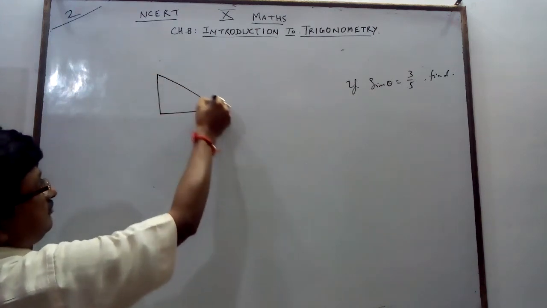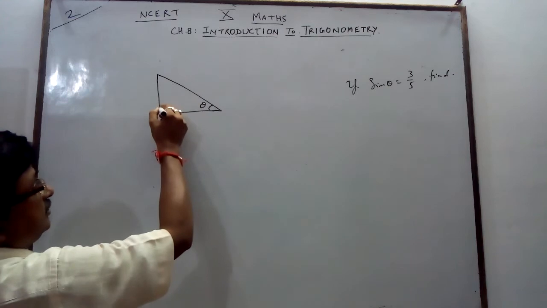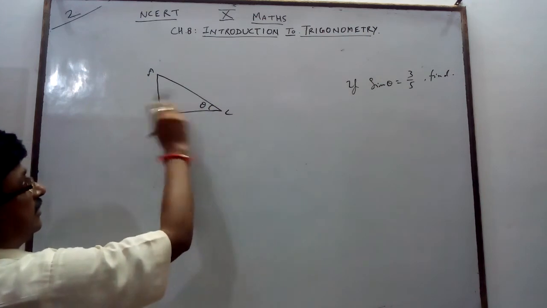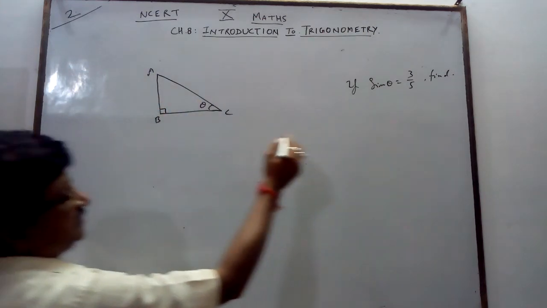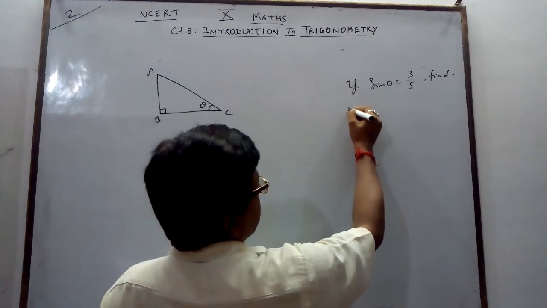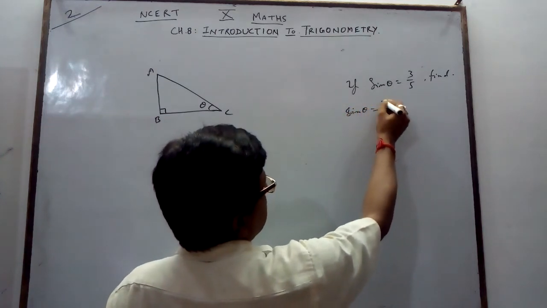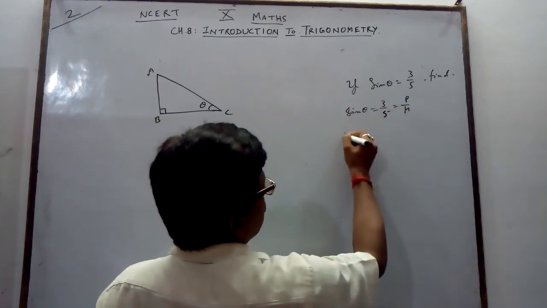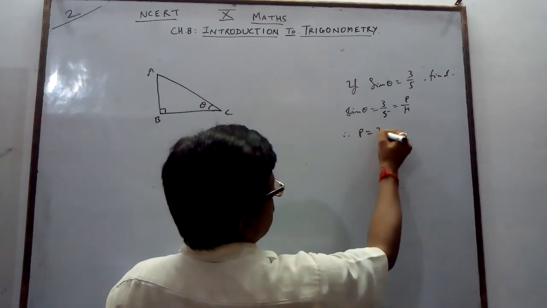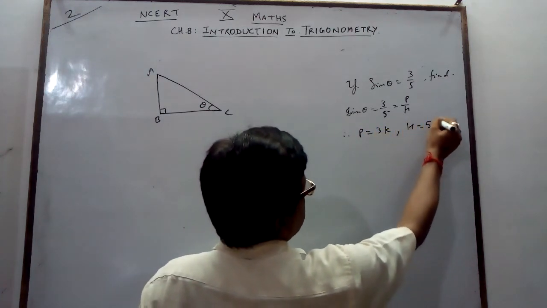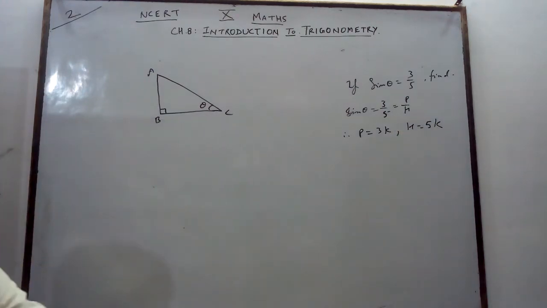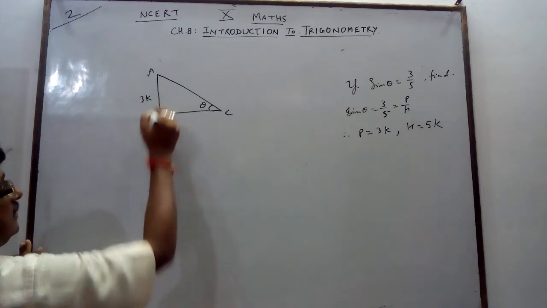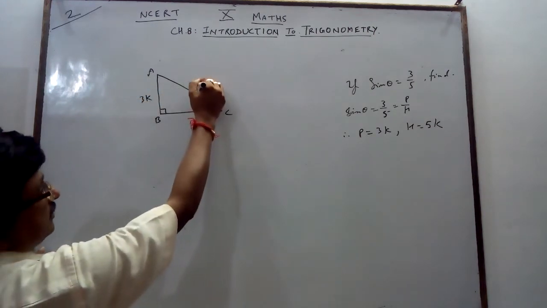It means one acute angle theta is given, with a 90 degree angle. Sin theta is equal to 3 by 5 means P upon H, so let P is equal to 3K and H is equal to 5K. K is the proportionality constant you are taking.